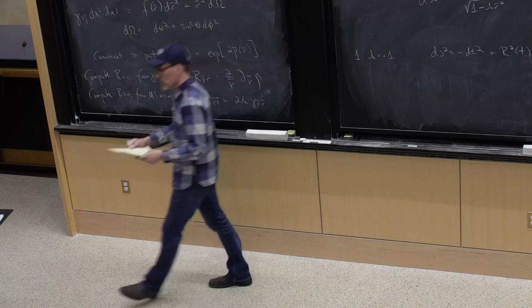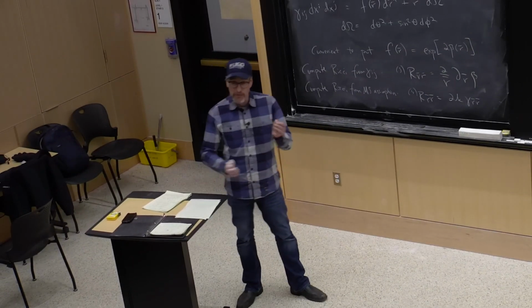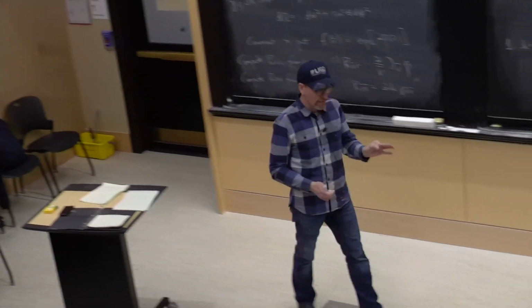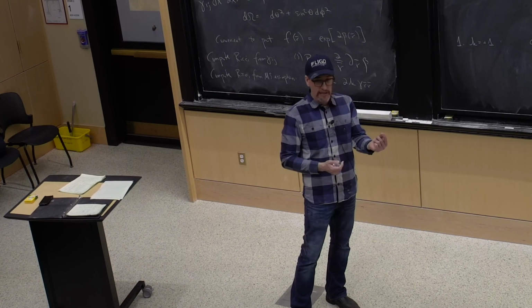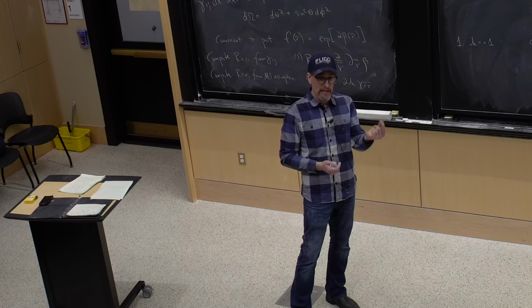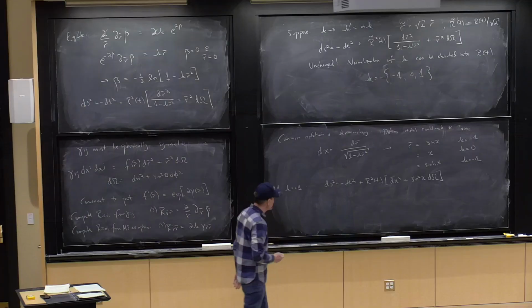You're all nicely familiar with a two-sphere. So a two-sphere is the surface in which you pick a point, and every point that is, let's say, a unit radius away from that point, that defines a two-sphere in three-dimensional space.